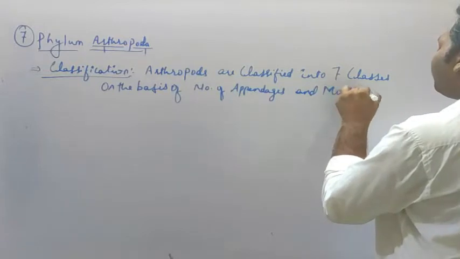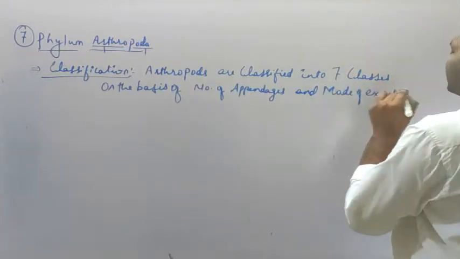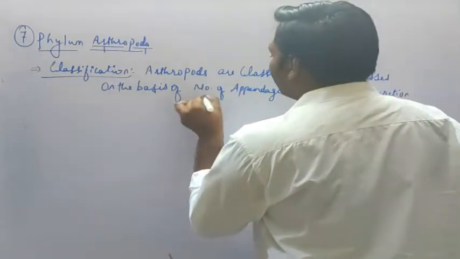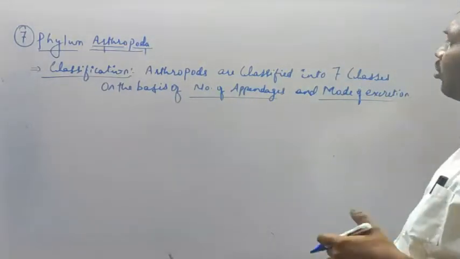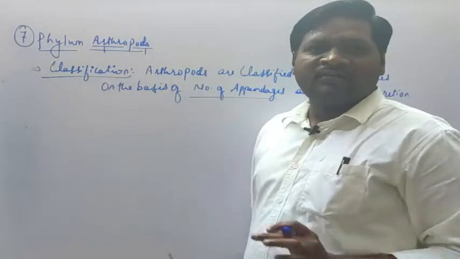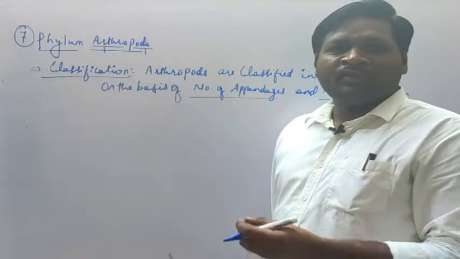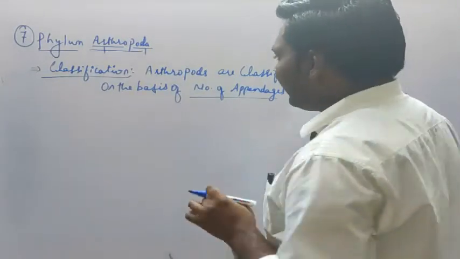So these are the two main parameters on what basis we are classifying the arthropods into 7 different classes. First of all we will write the 7 different classes on the board, then we will see them one by one with the help of a single example.